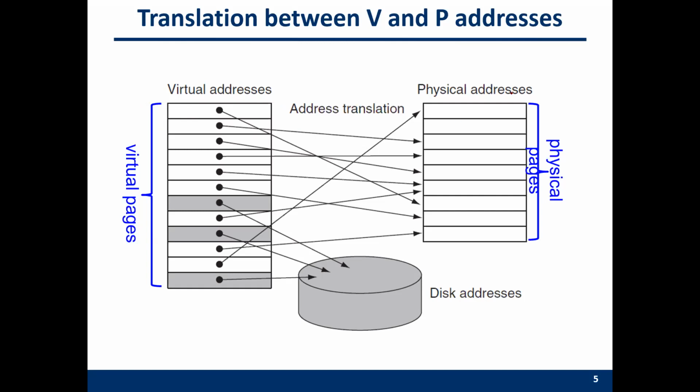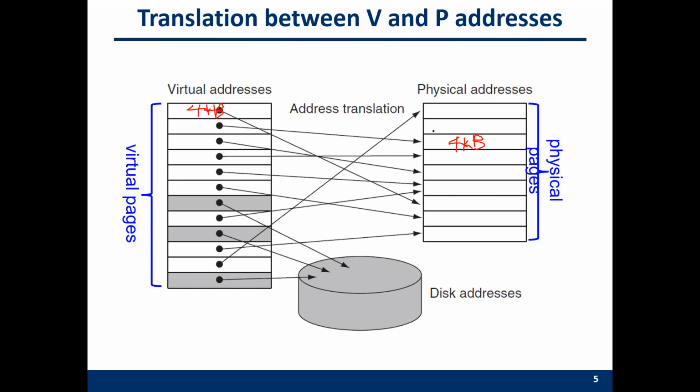The physical address space also has multiple pages. The page sizes on the virtual and physical sides are equal. Here one row indicates 4 KB, here is another 4 KB. So you can easily assign this 4 KB to these physical blocks.